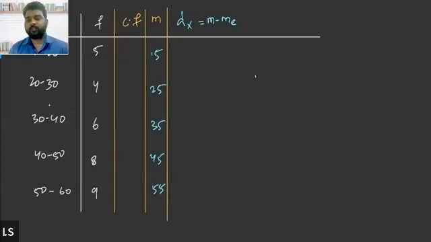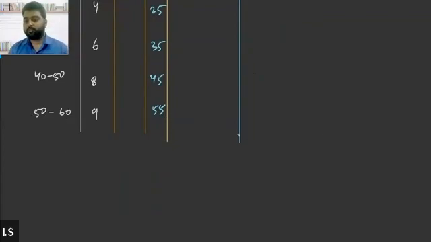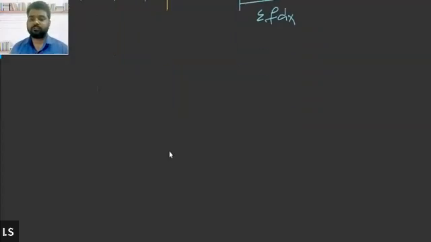After calculating dx, we need to multiply it with the frequency to find out the f dx. And after finding out the f dx, we will be putting this into the formula sigma f dx divided by number of items. I have already told you that the formula for calculating mean deviation from median in case of discrete as well as in case of continuous series is the same.